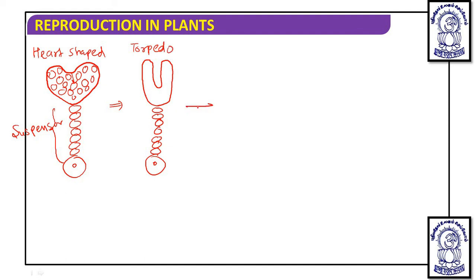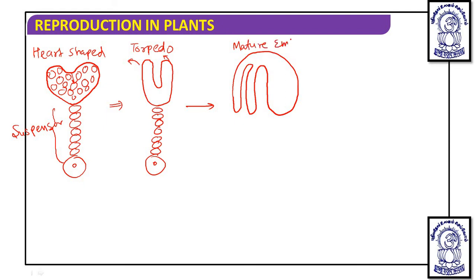After the torpedo stage, these two extensions will elongate, and when these two elongate, they are going to form the mature embryo like this.